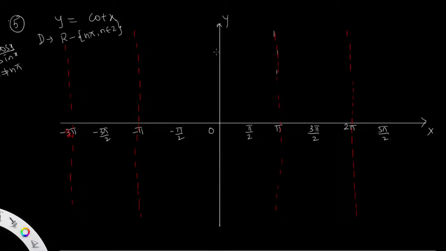Let us take the values: cot pi by 2 is obviously 0, and here plus 1 and minus 1. Cot pi by 4 is 1.